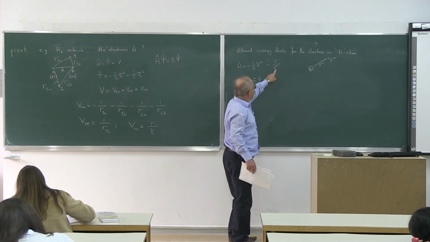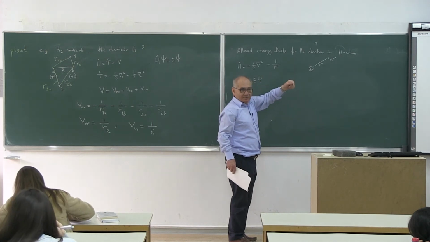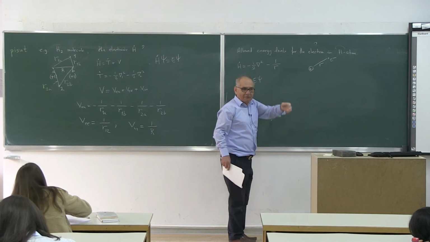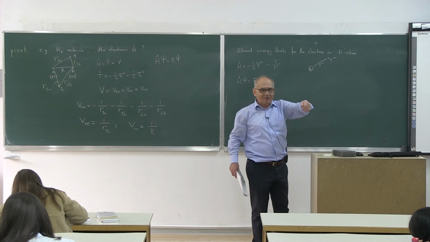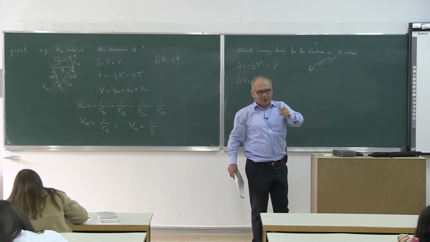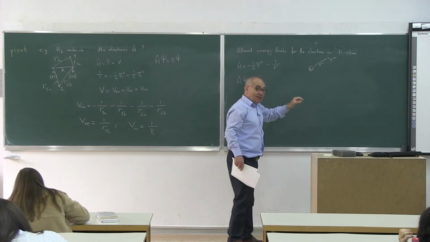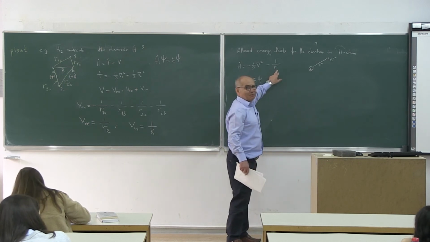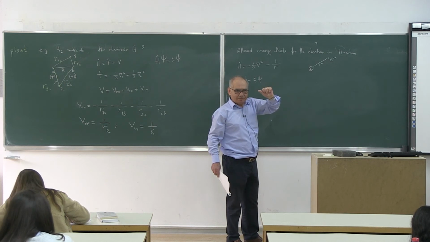In that case, r has to be calculated from x, y, z. How? If x, y, z values are given to you, can you calculate the distance r? r squared is x squared plus y squared plus z squared. So if you think about this expression in terms of Cartesian type variables, this r is a short symbol for the square root of x squared plus y squared plus z squared. All right?